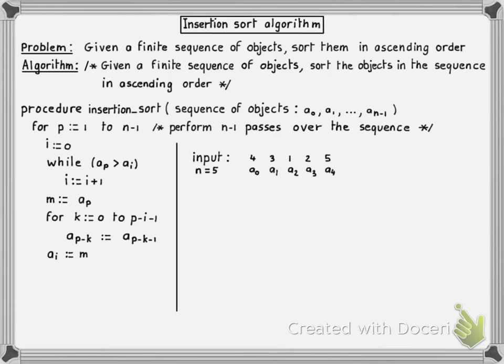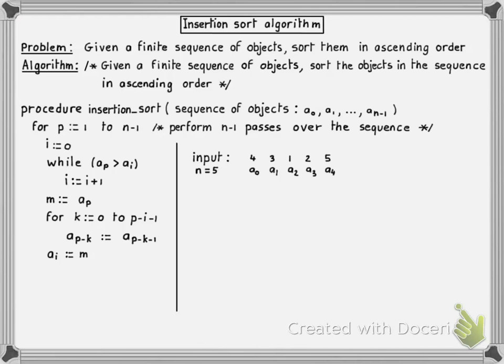Now, the main idea behind this algorithm is the following. For every pass p, we assume that at the beginning of the pass, the first p elements in the array are already sorted. The pass will consider the next element, the one right after the sorted elements, and will insert that element in its correct position in the already sorted part of the array.